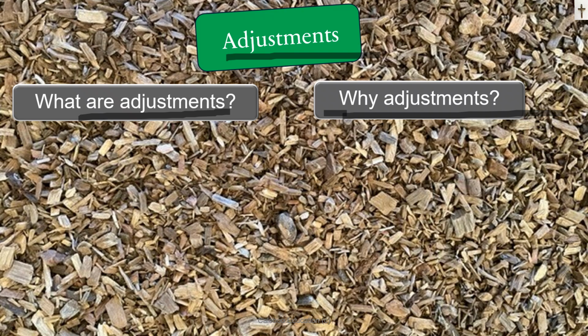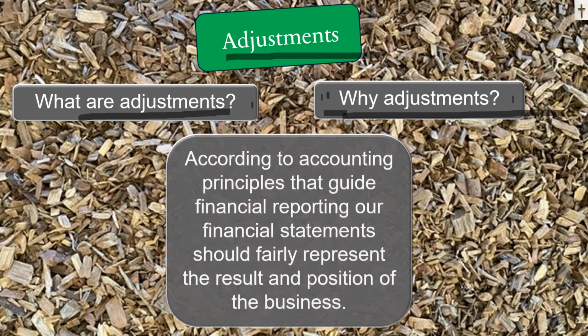The financial result is the profit, and the financial position will tell you what the owner is worth, the stake that the owner has in the business. Remember, we're still dealing with the sole proprietor, but whatever form of ownership you do deal with, adjustments are done at year end.